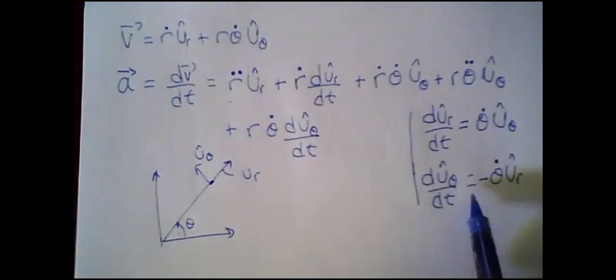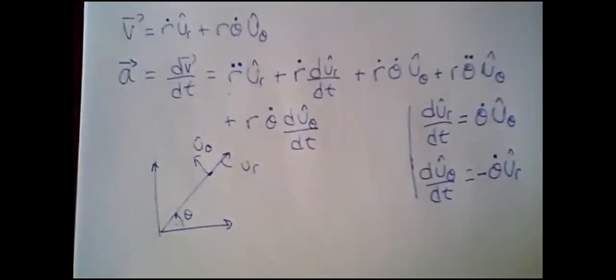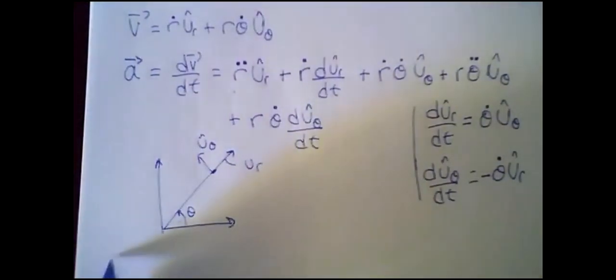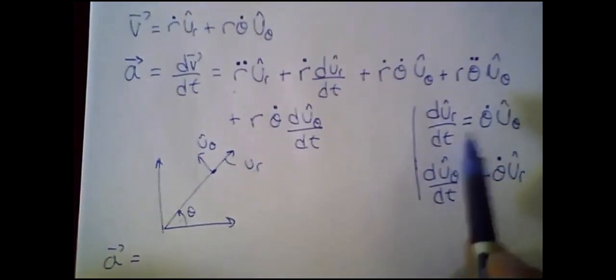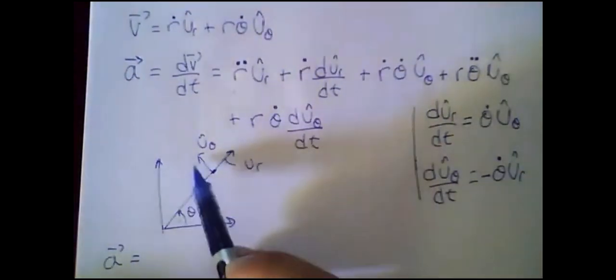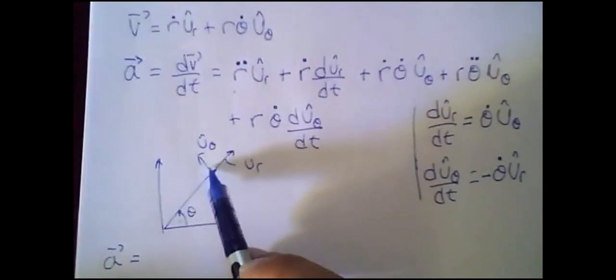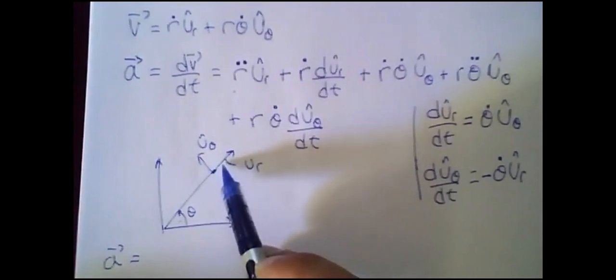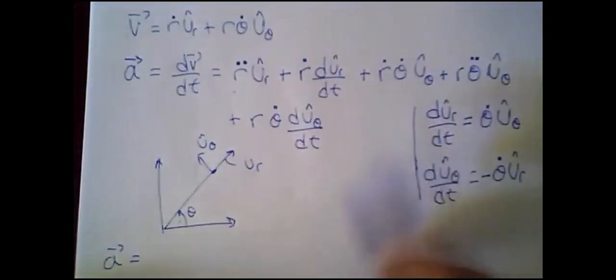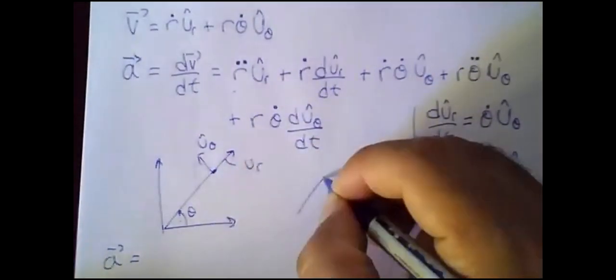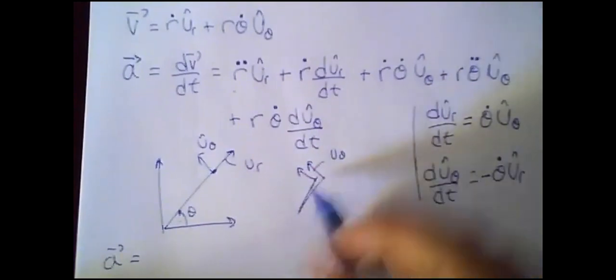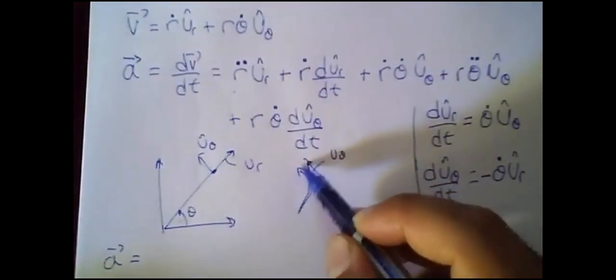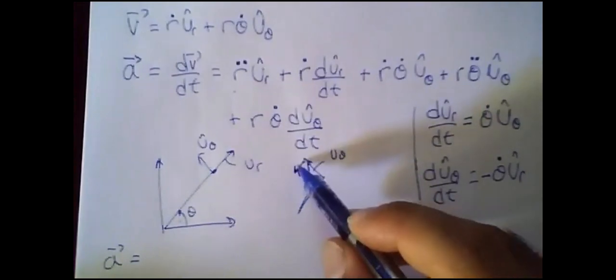So what I'll do right now is substitute whatever we have here with their values. UR and U theta are perpendicular, right? But when I differentiate U theta, this U theta is basically falling toward UR as a result of this rotation. So this is U theta, and after a tiny rotation like that, U theta is going to be like this, right?